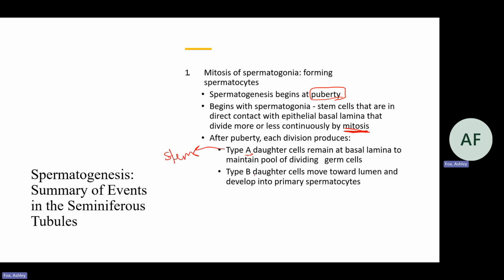And then we have a type B daughter cell that's going to develop into a primary spermatocyte. So it's going to go from spermatogonia to primary spermatocyte. So it's going to start moving up the line too. It's going to move towards the lumen or the middle of the seminiferous tubule, because we're going to start at the bottom and we're going to move upwards.